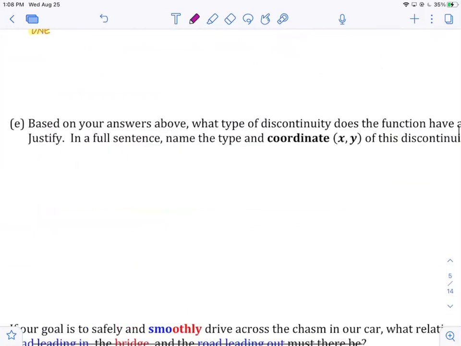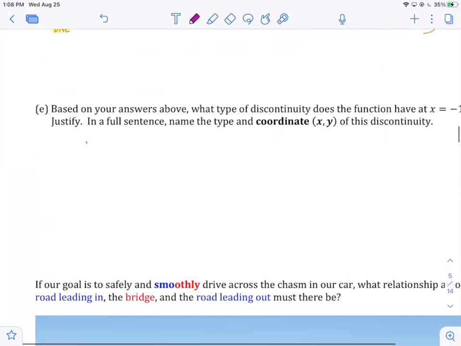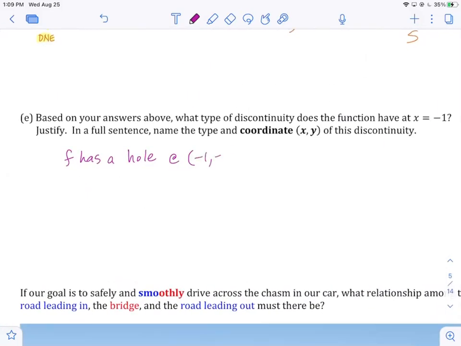We'll say then that the function's name is f. Okay, so we'll say f has a, yeah, and you can refer to it as a hole. That's fine. You don't have to write out removable point discontinuity. And that goes for the AP exam as well. f has a hole at the point (-1, -2/5). Okay.